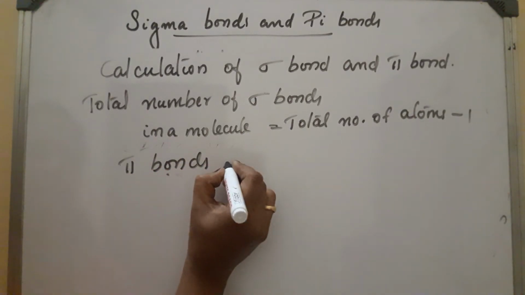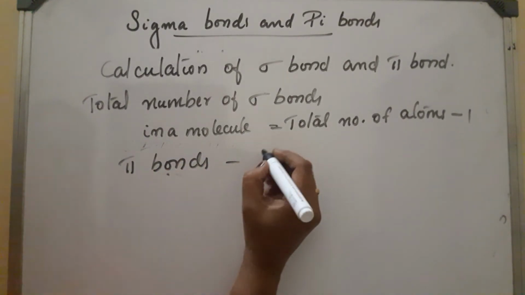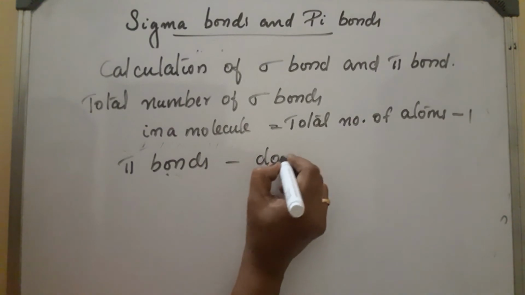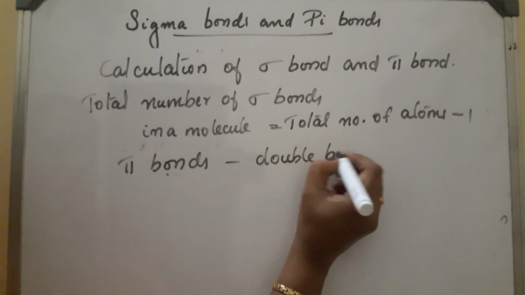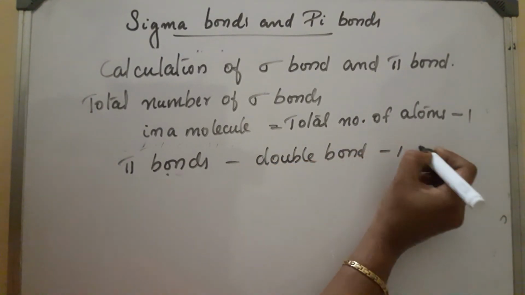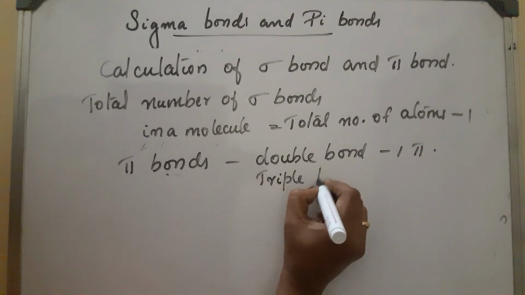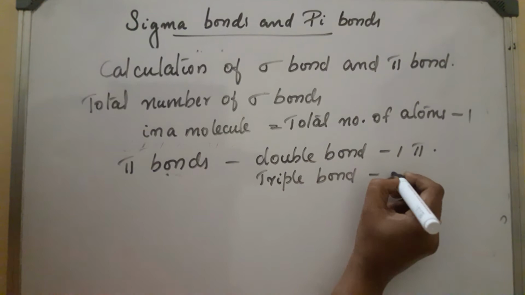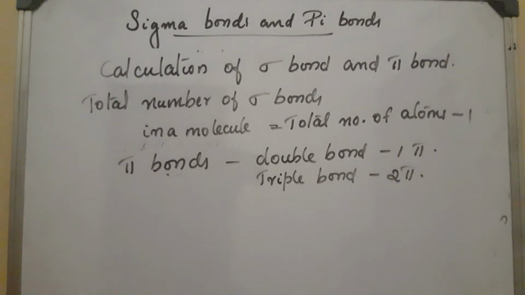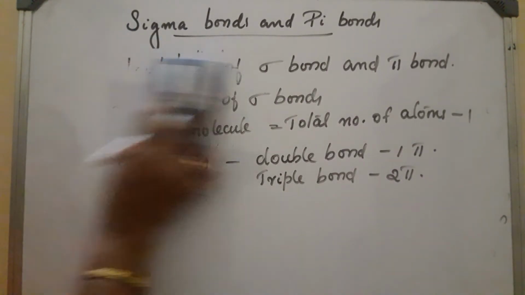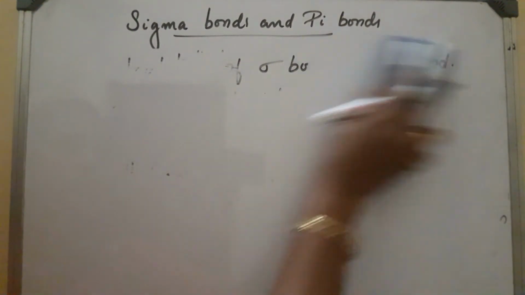Okay. How can we calculate the number of pi bonds? We know that if there is a double bond, there will be one pi bond, and if there is a triple bond, there will be two pi bonds. Okay. Now let us calculate one by one with examples. First example, calculation of pi bond.